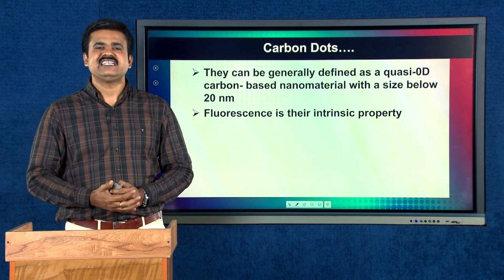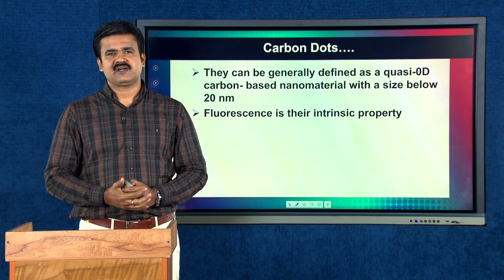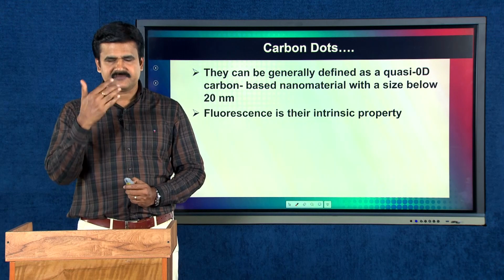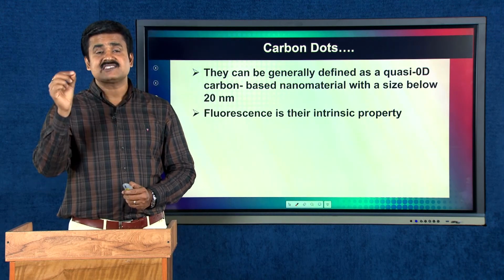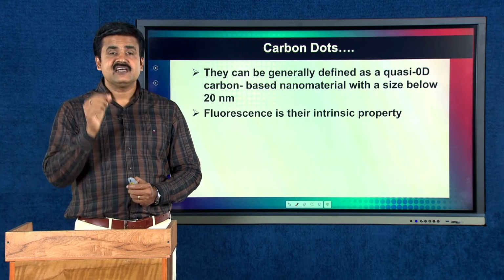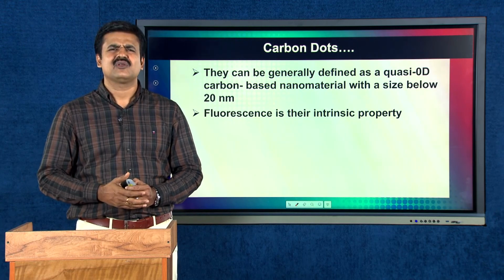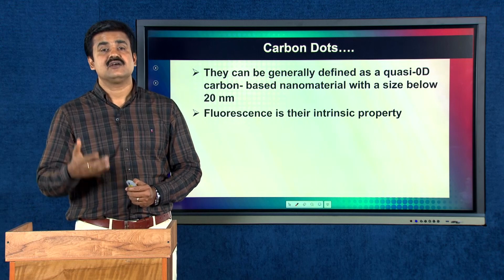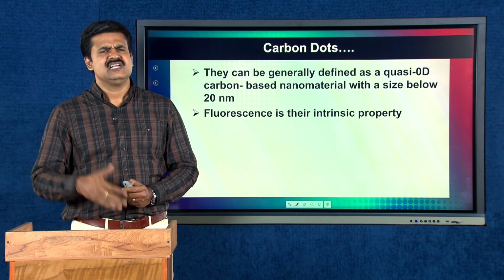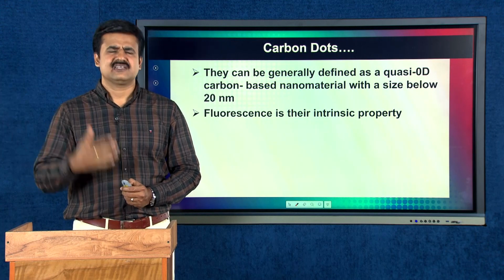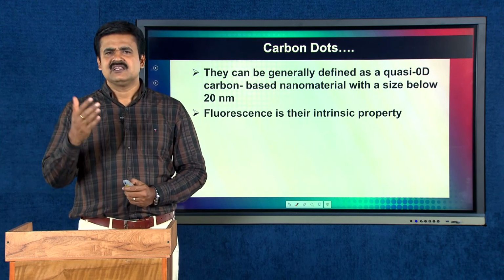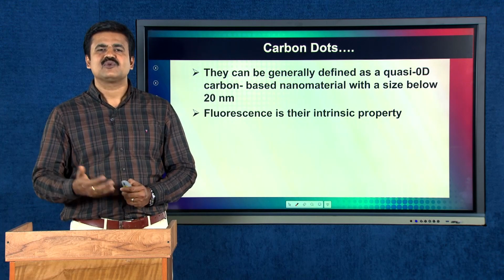Fluorescence is the intrinsic property or innate characteristic feature of a carbon dot. That means carbon dots are associated with inherent fluorescence, or we can say carbon dots are fluorescent in nature. They will absorb a particular wavelength and emit a corresponding other wavelength. So, these carbon dots are fluorescent materials.